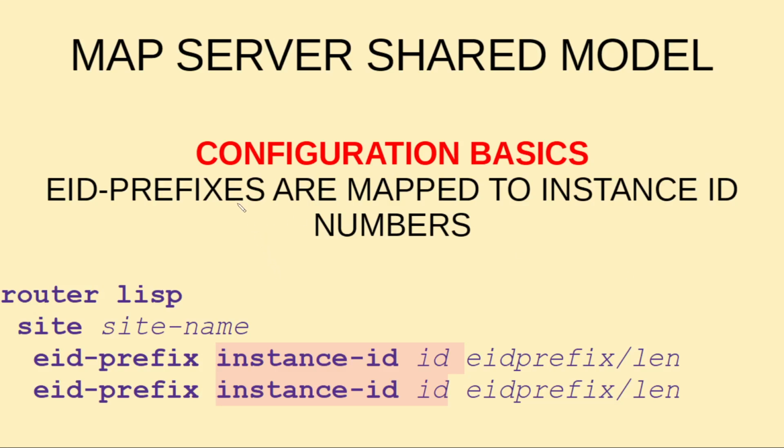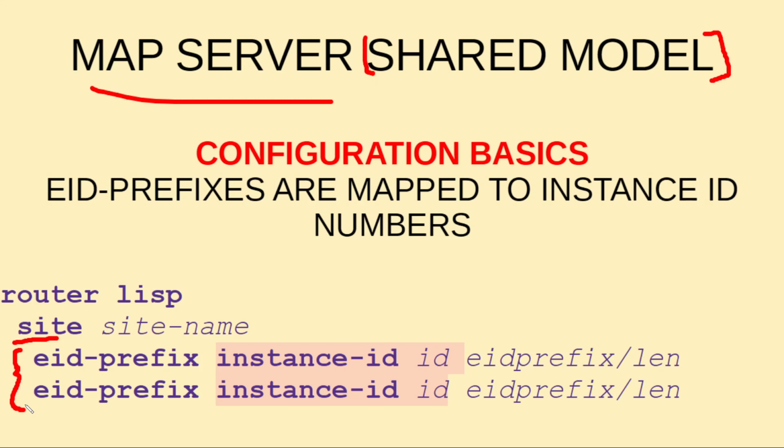Finally, we are going to configure the map server in order to support the share model. The configuration is mostly the same as the normal map server configuration. We are going to use sites in order to enlist what are the EID prefixes or EIDs that belong to each site.